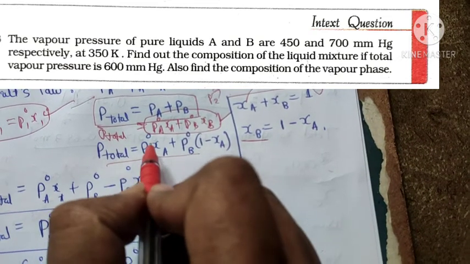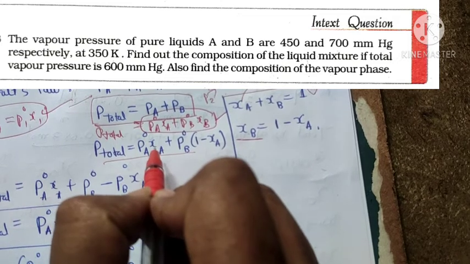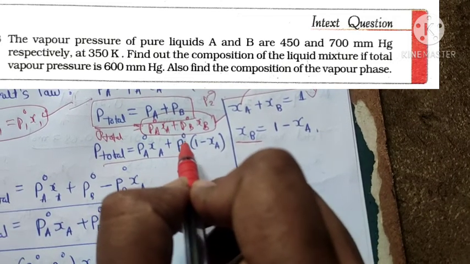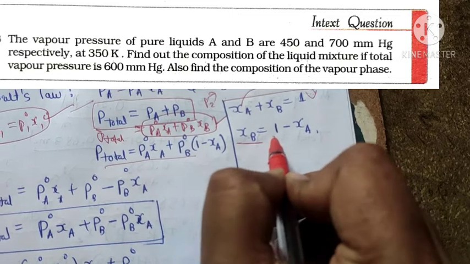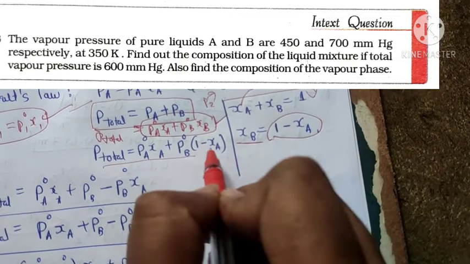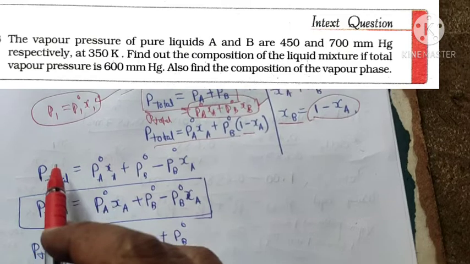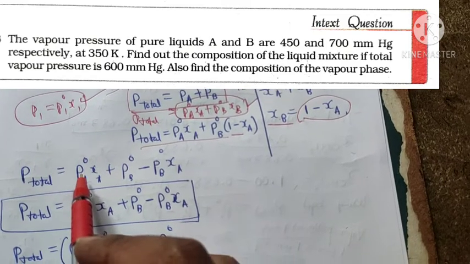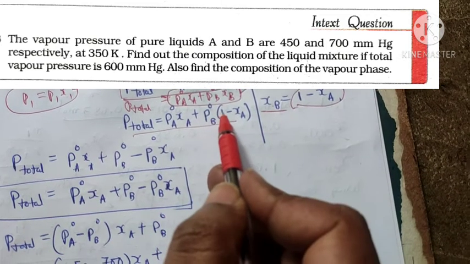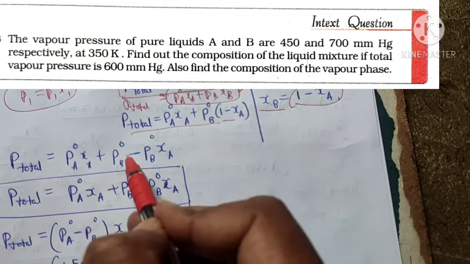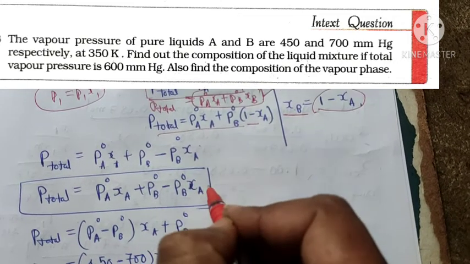P total is equal to PA naught XA plus PB naught times 1 minus XA. This is substituted here and then multiplied out. So P total is equal to PA naught XA plus PB naught minus PB naught XA. This is the equation.